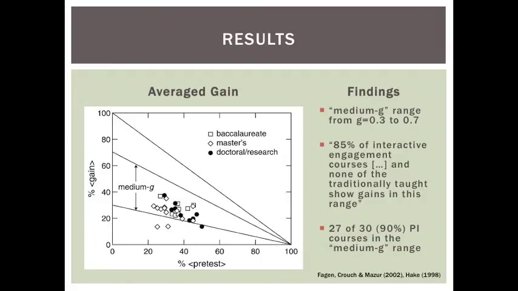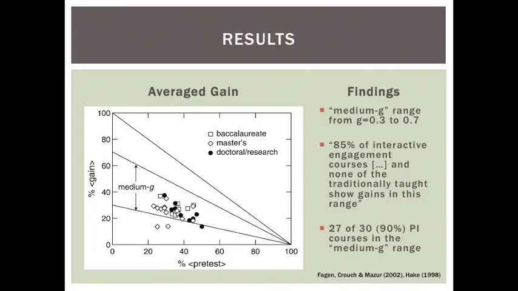Here are some results that show the gain in learning that can be produced by peer instruction. The sample here was 30 courses of peer instruction, where the instructors provided quantitative data. Usually this is done by gathering pre- and post-tests of force concept inventory. So those are tests that aim to assess the conceptual understanding. On the vertical axis you can see the learning gain, and on the horizontal axis you see the pre-test score.